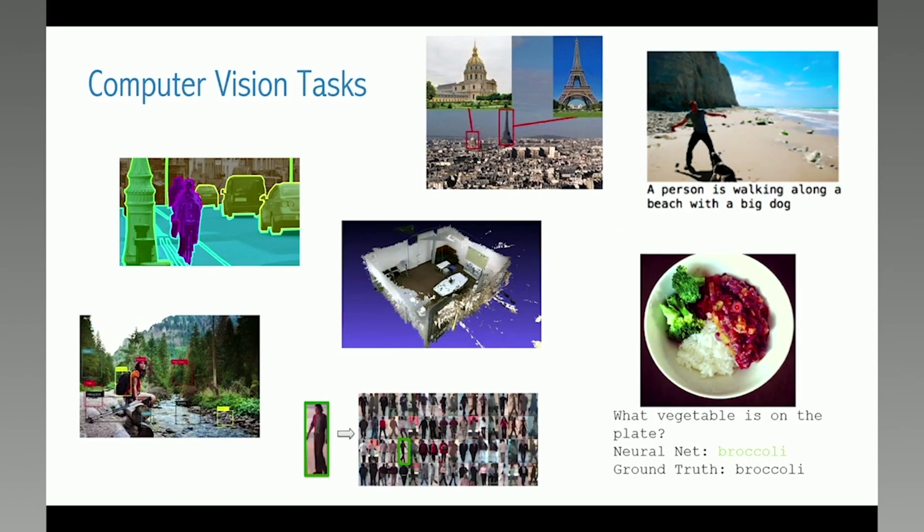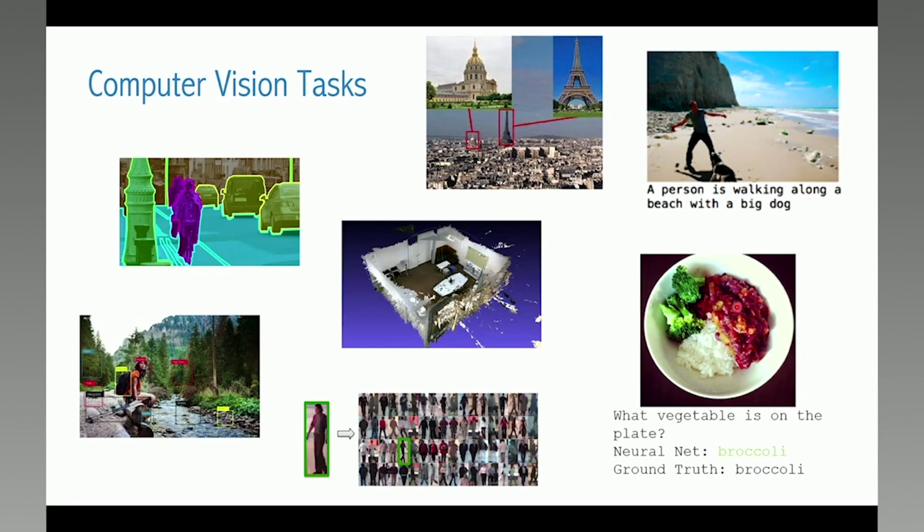That means, for instance, re-identification. Lately, our community has also moved towards tasks that not only involve the visual information, but also text. So we have over the years more mature solutions, for instance, for captioning and for visual question answering.